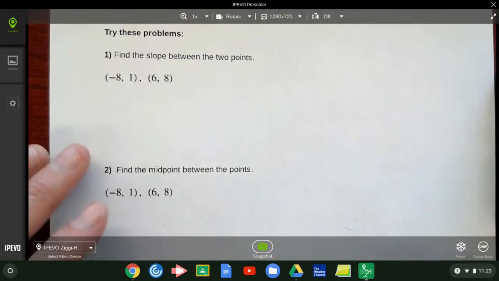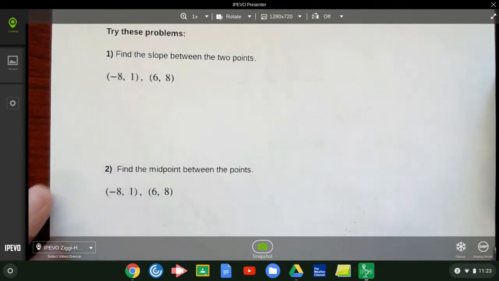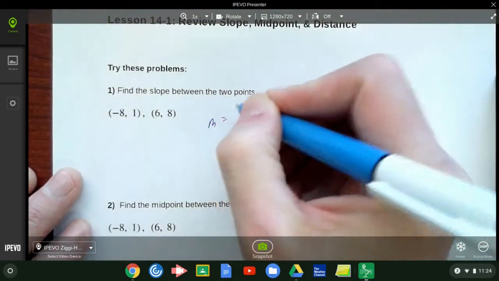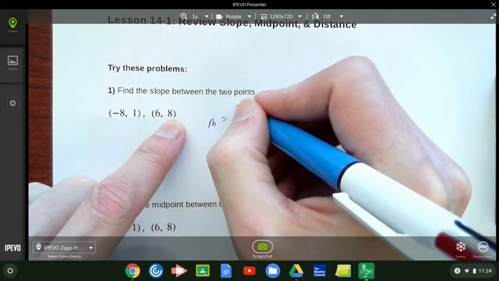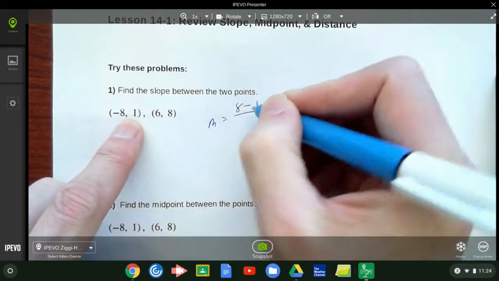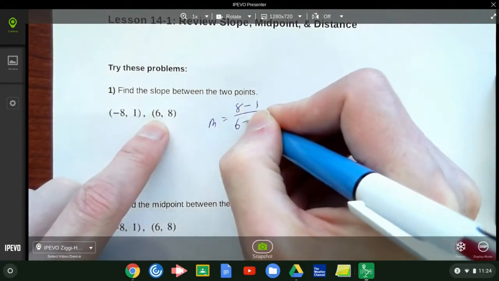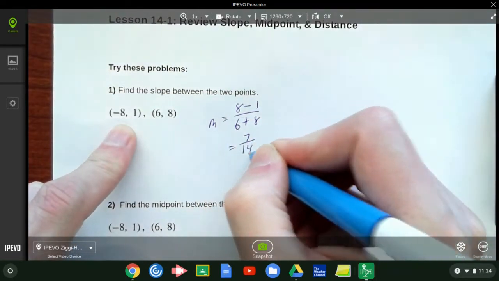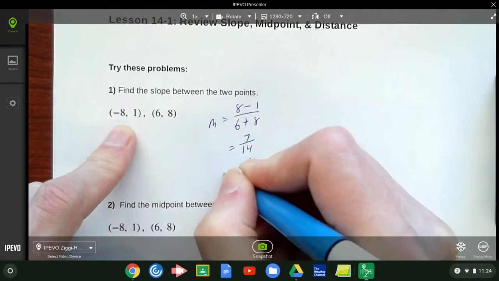You're going to do these, and then I'm going to show you the answers. Okay? Go. So the slope, using the same points here, so 8 minus 1, that's the difference in y's, 6 minus negative 8, so that's 7 over 14, slope of 1/2.